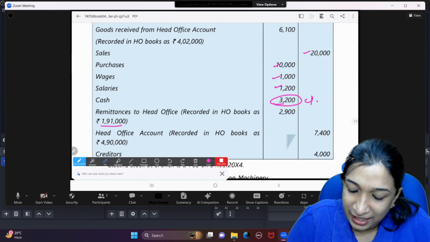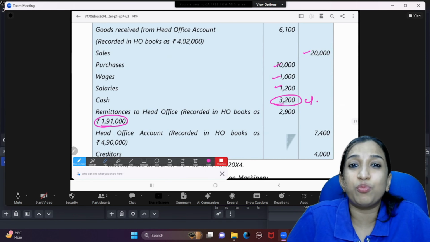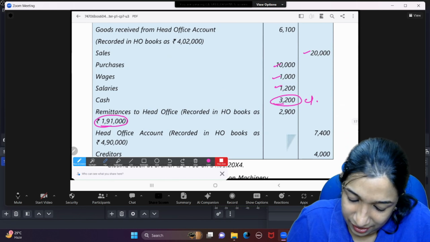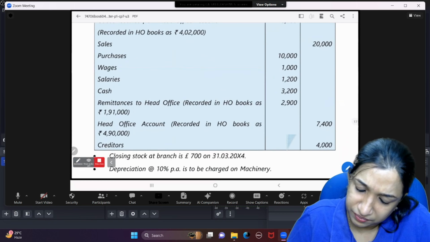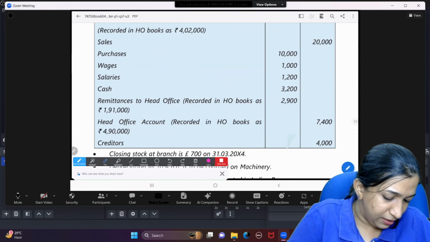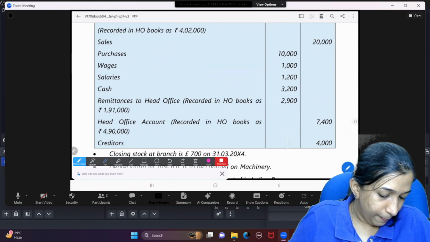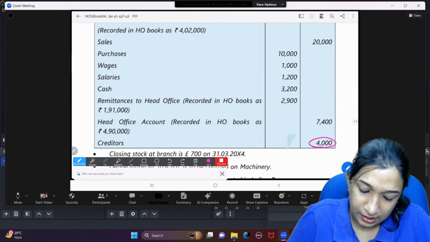Remittances to HO, again, at what rate it is recorded in Indian books is given. Then HO account, recorded in HO books, 4,90,000 is given. Creditors, again, current liability, you will go for closing rate.